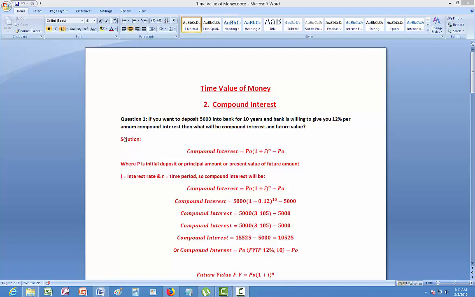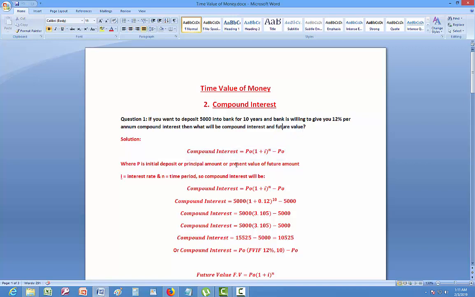So we assume here 4 questions, in which first question says that if you want to deposit 5,000 into bank for 10 years and bank is willing to give you 12% per annum compound interest, then what will be compound interest and future value? So two variables are missing here. One is compound interest and second is future value.